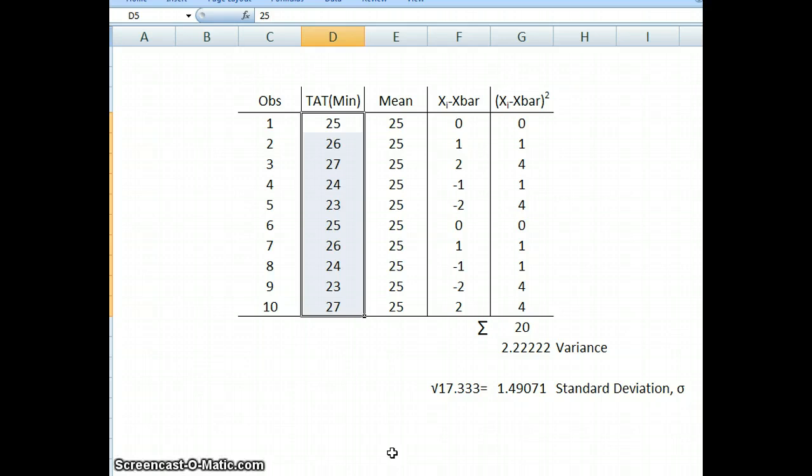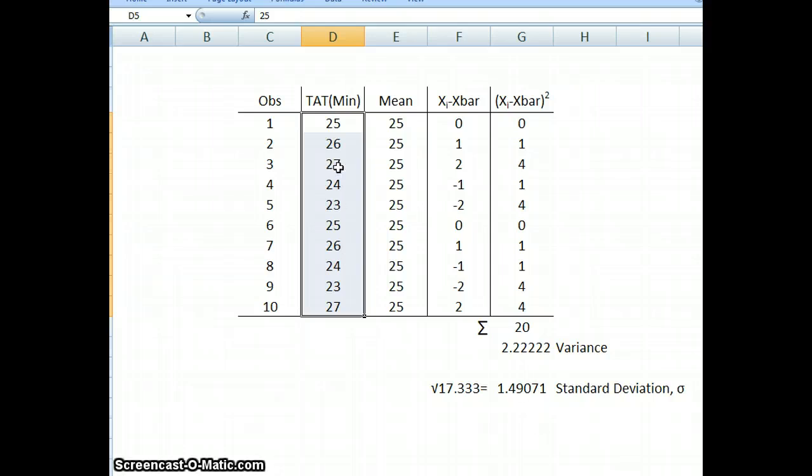And it turns out that our variance is quite small now, and our standard deviation is quite small. So these data, these observations of turnaround time, vary a lot less, and not surprisingly, their measure of variation has gone down quite a lot.